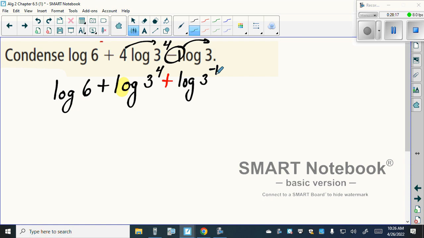Any questions on what we've done so far? Now we can rewrite it as a product of these being multiplied together because they are all being added: log of 6 times 3 to the 4 times 3 to the negative 1.